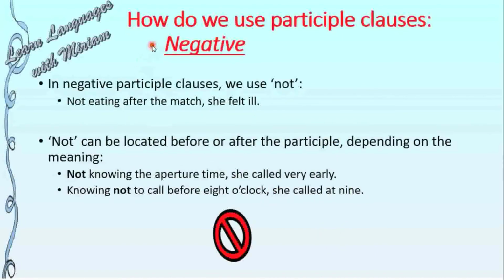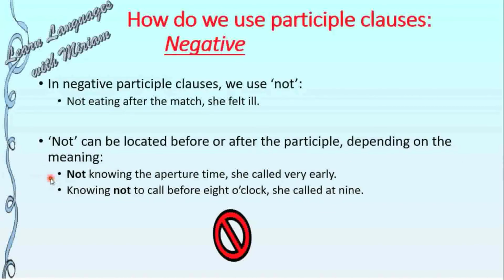Now let's see the negative. In negative participle clauses, we use "not". So, example: Not eating after the match, she felt ill. Not can be located before or after the participle, depending on the meaning.